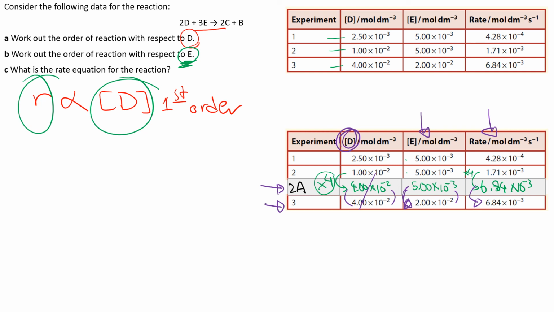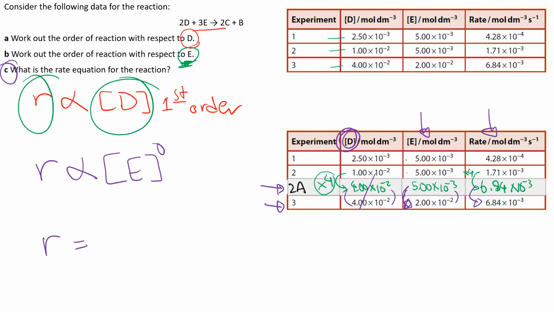It means that rate is related to E to the power 0. It is zero order. For that reason, if we would like to give an answer for part C, what's the rate equation for this reaction?